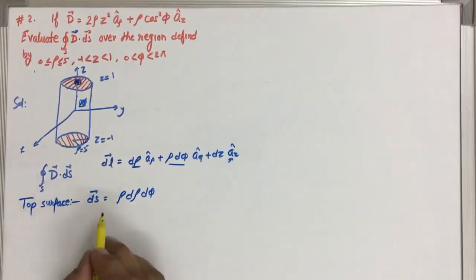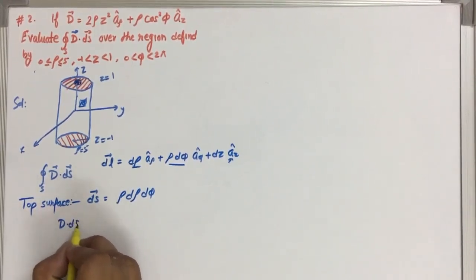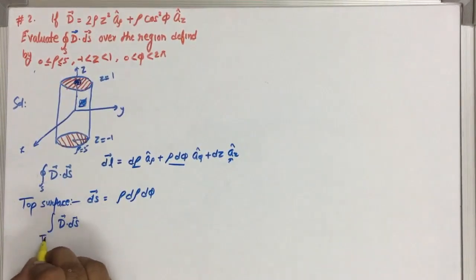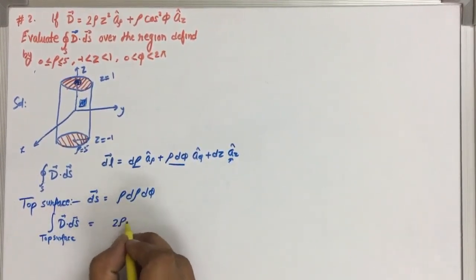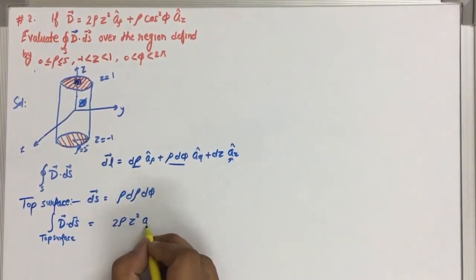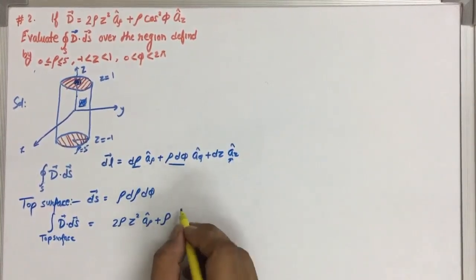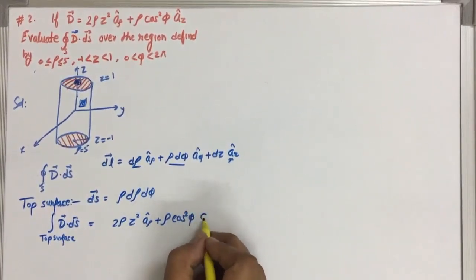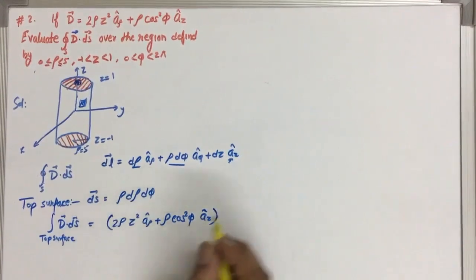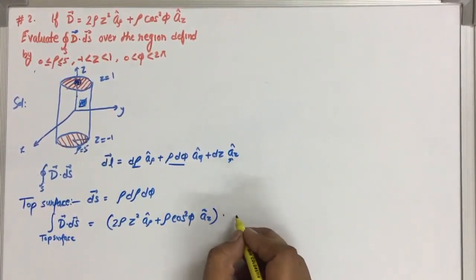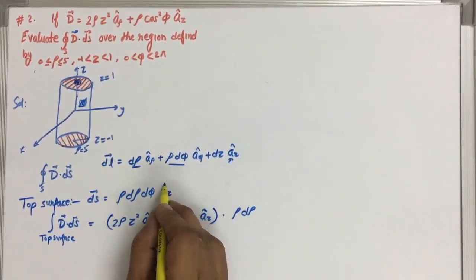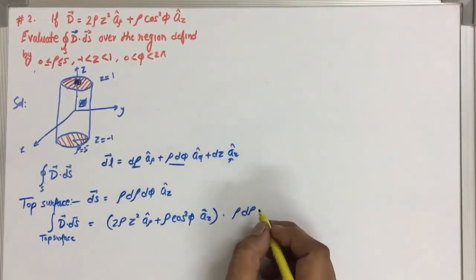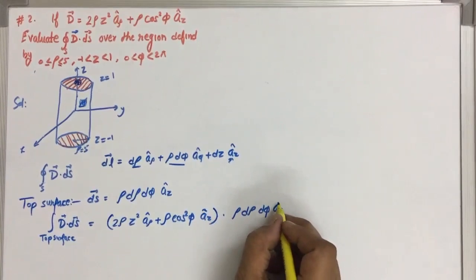Okay, so D is known here now. If we wish to find D dot dS for the top surface, in that case, 2 rho z square A rho plus rho cos square phi Az, dotted with rho d rho d phi Az.